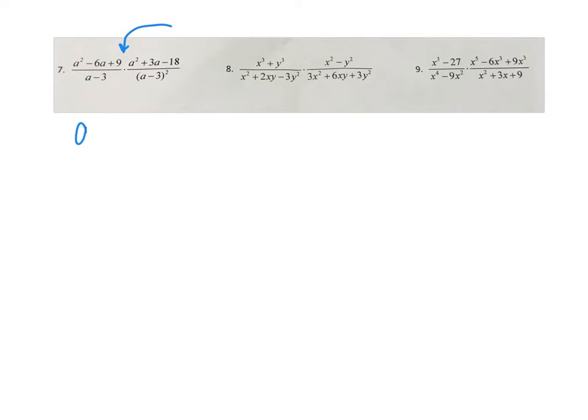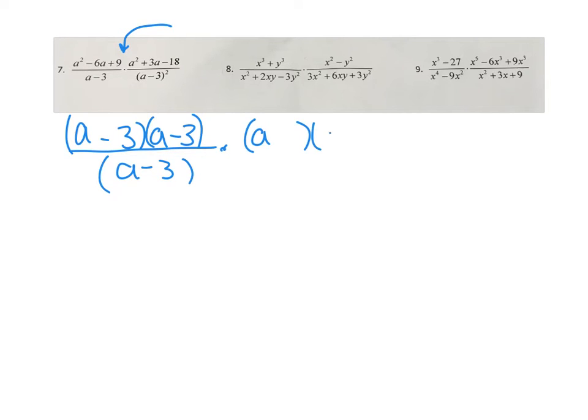So let's factor out a 3 and 3 and negative, all over a minus 3, times, let's factor this, 6 and 3 and positive 6, negative 3, all over.